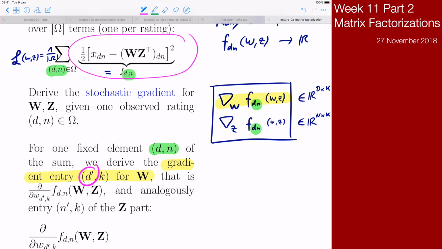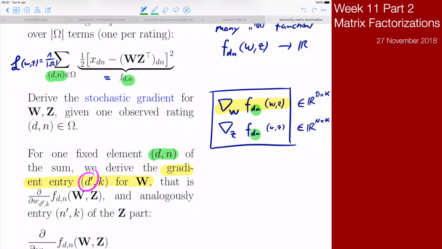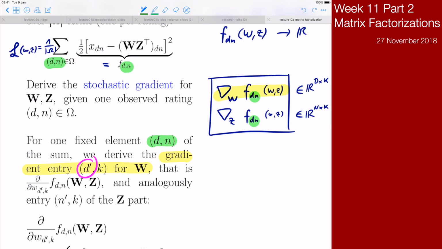So let's fix one user and one movie, which is one such observation. What we talk about here, and I'll do this in green, is we pick one of the functions of our sum. So this is movie d, and user n.